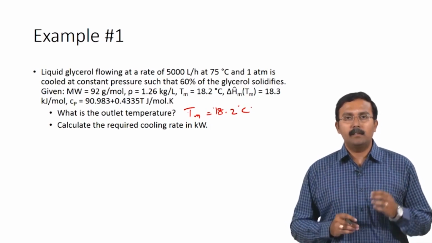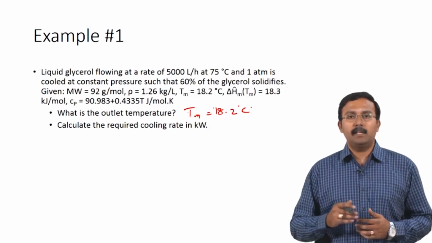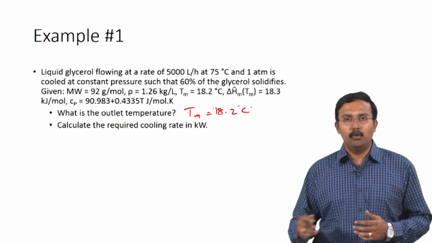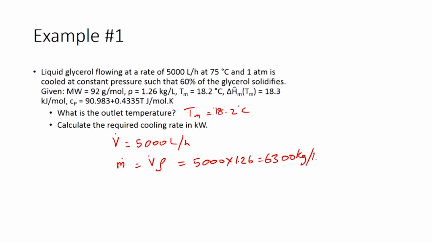For doing that, this volume first needs to be converted to mass, and then from there we can convert mass into moles. So, we have the density. The volumetric flow rate, which is 5000 liters per hour, can be converted to mass flow rate, which would be volumetric flow rate times density, which equals 5000 times 1.26, giving you 6300 kilograms per hour.